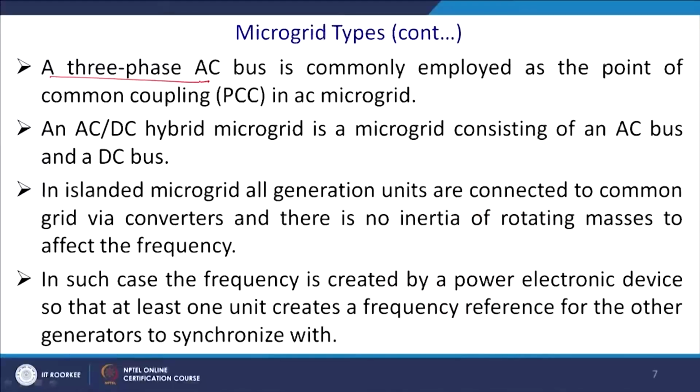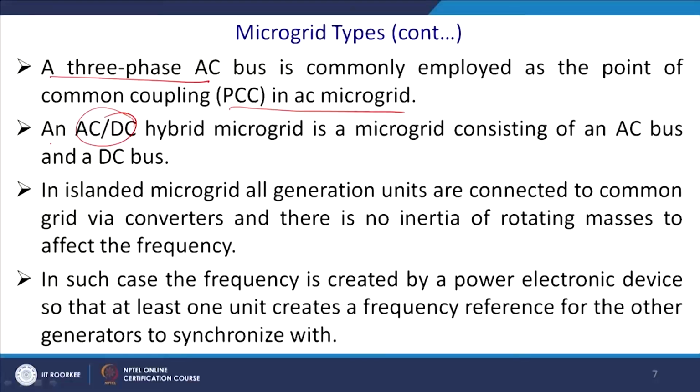But in case of the DC, we require an active rectifier. The 3-phase AC bus is commonly employed as the point of common coupling. Please understand that if the load is more than 3 kilowatt, generally we require to go for 6 phase or 3 phase.